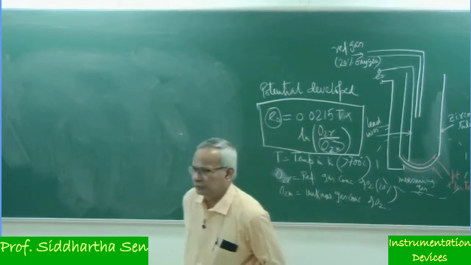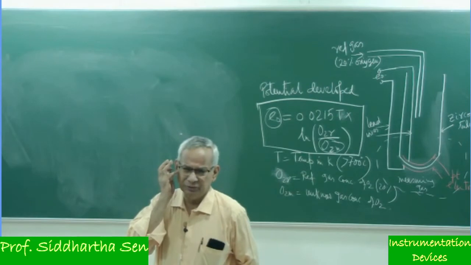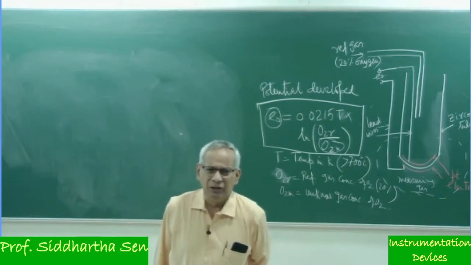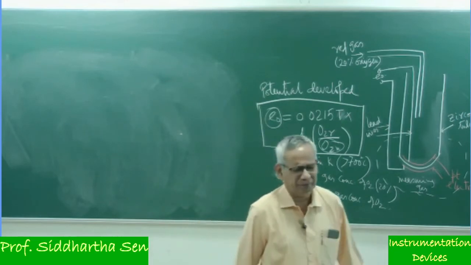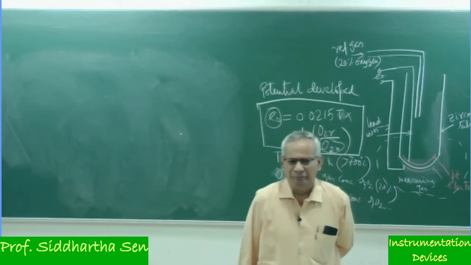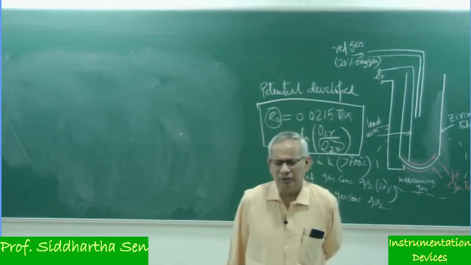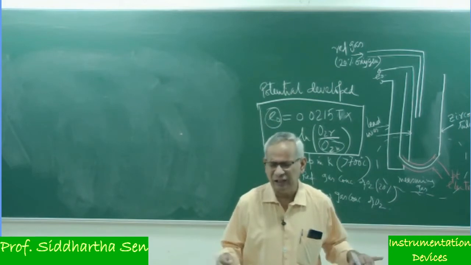Let us go back to pH measurement, because often we require to measure not only pH but also blood sugar or many other things. The pH electrode we have is the glass electrode, which is bulky and not very handy.